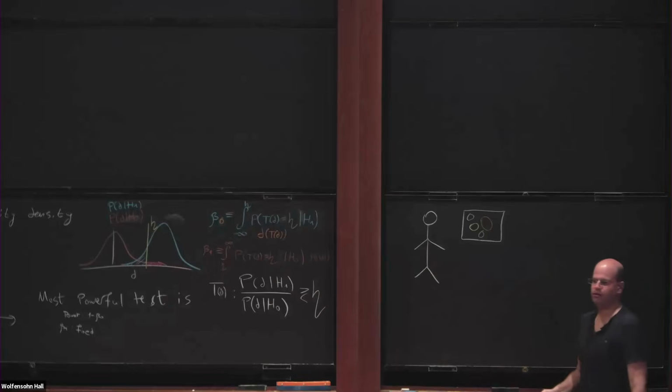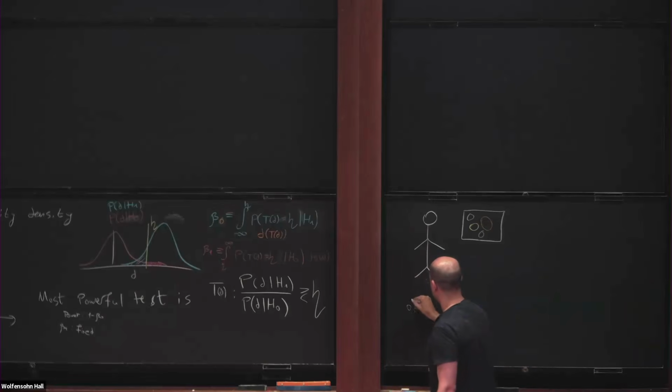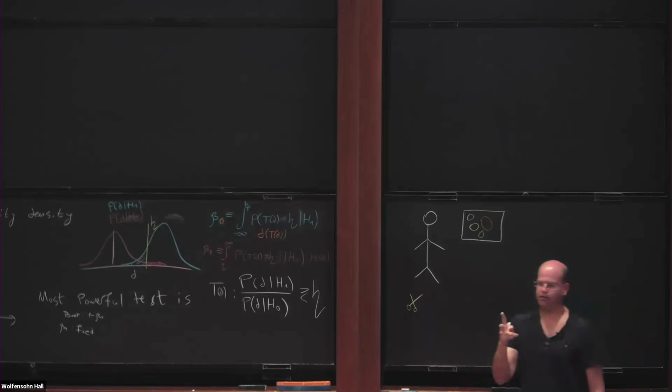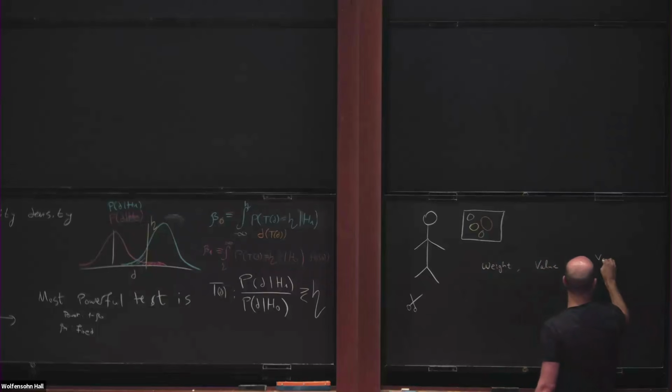And this is a very easy problem. Oh, by the way, this robber also has scissors, so he can chop a coin. The last coin he can chop, otherwise it's NP-hard. So it's a very easy problem to solve. You take all the coins, and for each coin, you know the weight and you know the value, and you sort the coins according to the function value over weight.